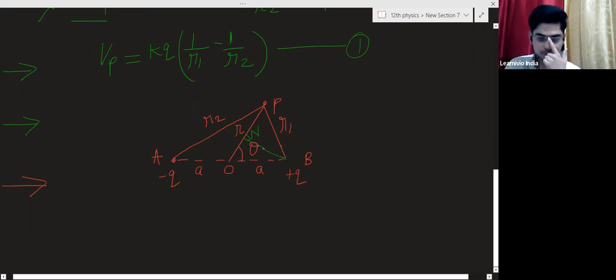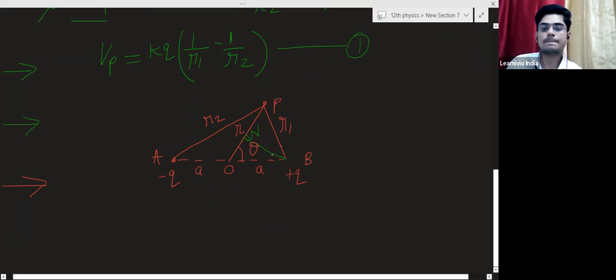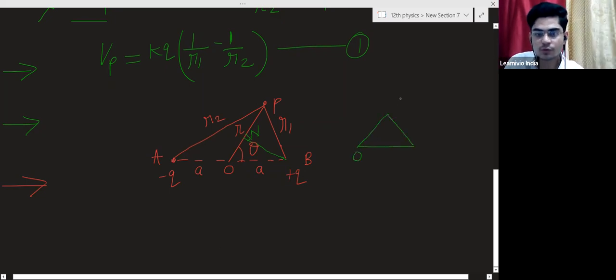So now what we will do, we will convert this R1 in terms of A and theta. This is a triangle ONB, and this is perpendicular.